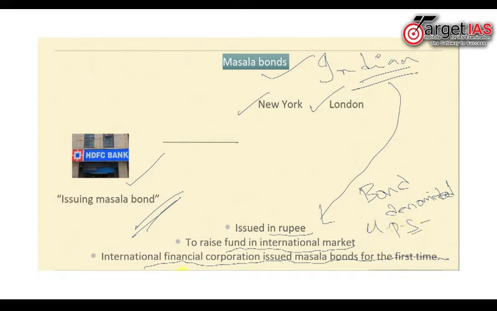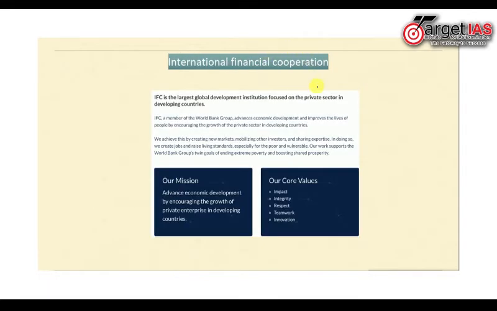So let us try to understand what these institutions are as well. The International Finance Corporation is a corporation which is associated with the World Bank Group. There are different institutions which are associated with the World Bank Group. So let us try to understand that.